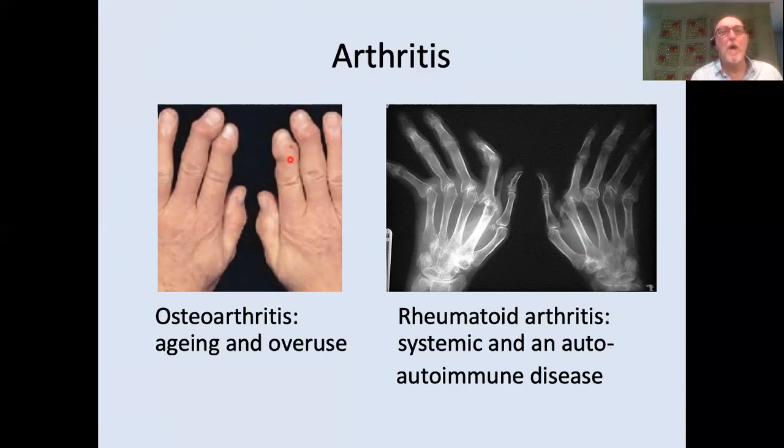There are two ways in which arthritis arises. The first is called osteoarthritis, and this is typical of old hands. I have it in my hands. This is age and overuse that leads to this. You're basically just wearing out the joint, and the joint ends up not working as well.